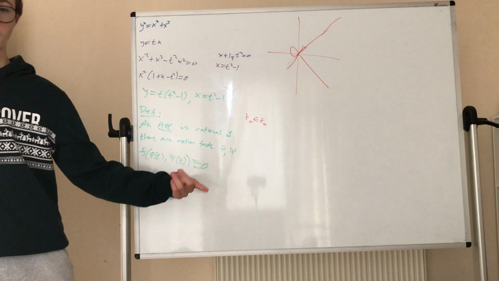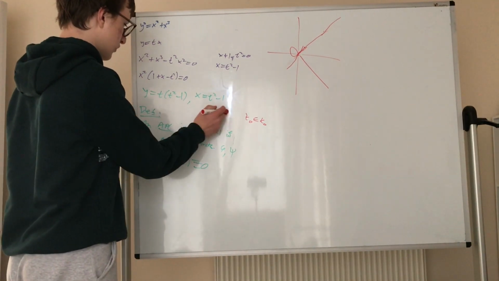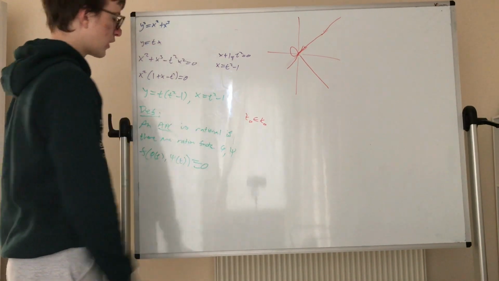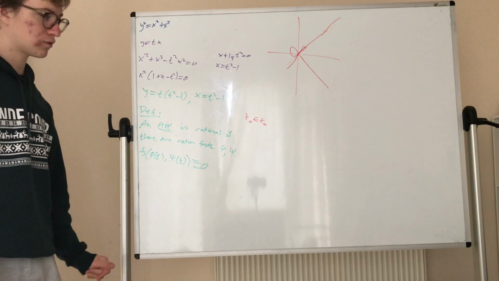And so what this means is, for example, if we run t through rational values, we're actually getting all of the rational points on this curve here, for example.